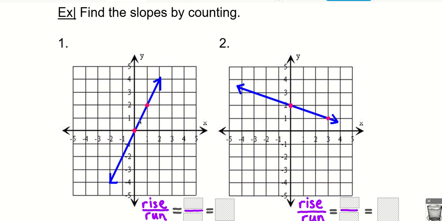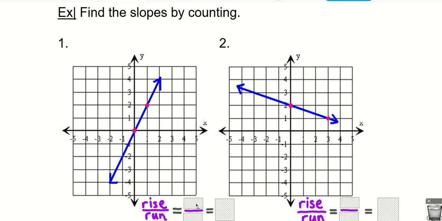You wouldn't start counting here. So if we count our rise and our run to go from this point to this point, it looks like we are going up 2 and then to the right 1 box. So up 2 squares, and then to the right 1.